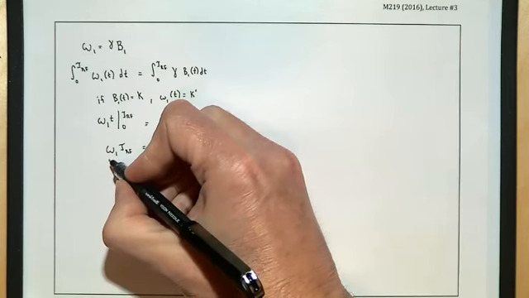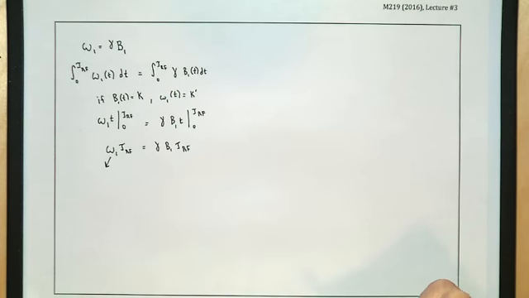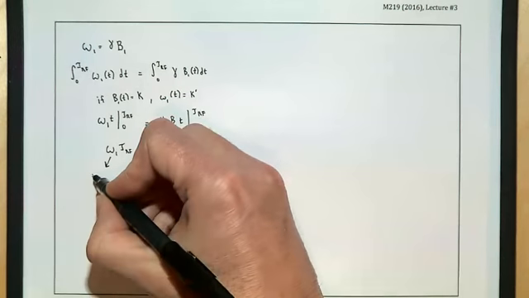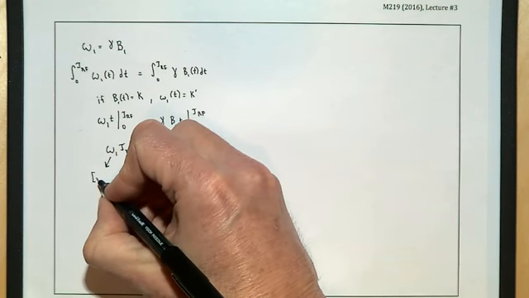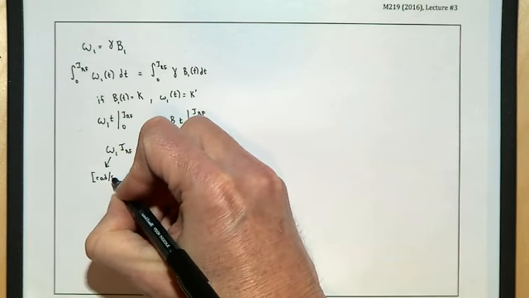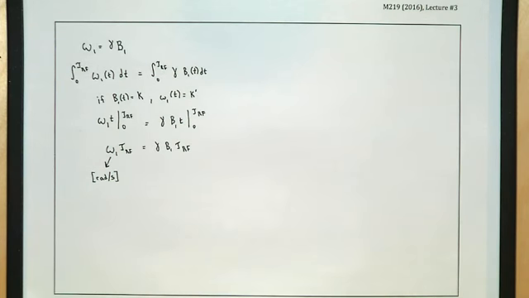Now, if we look at omega 1, what are the units for omega? Anyone? I hear mostly the right things being said. Something like radians per second. As with all things, you've got to be careful with units.